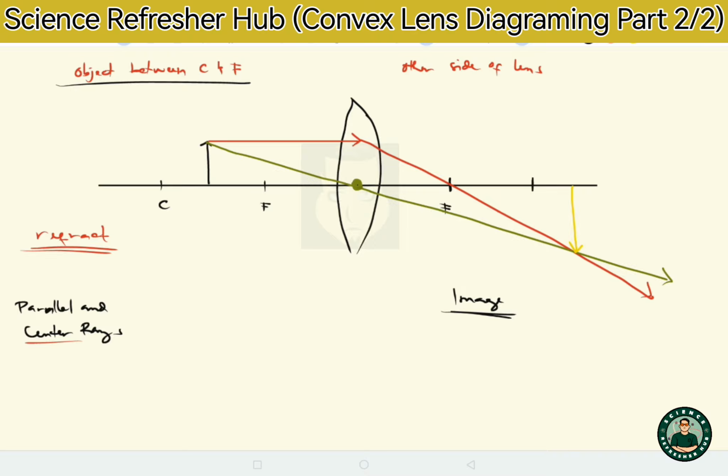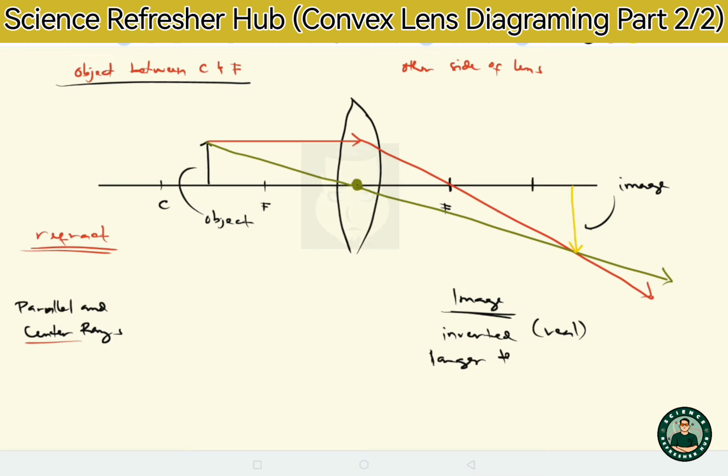It's of course an inverted, real image. And remember, this is our object, and when these rays meet, we call it the image.